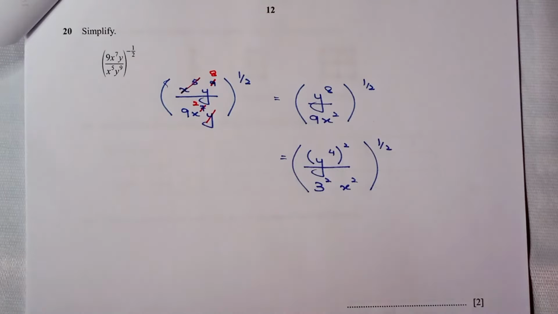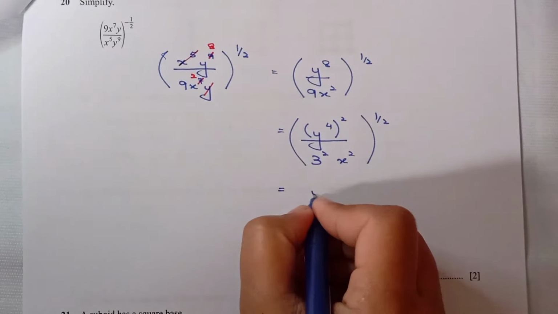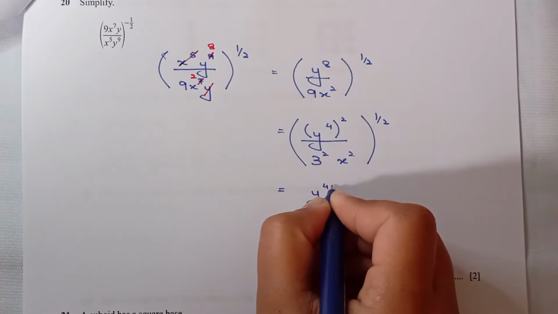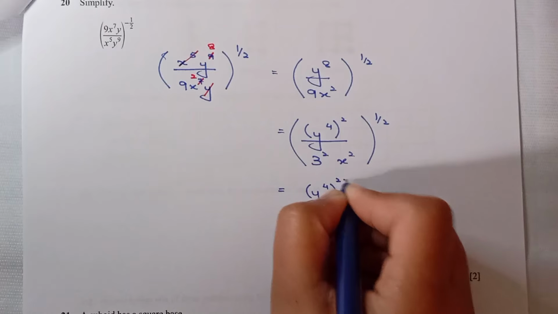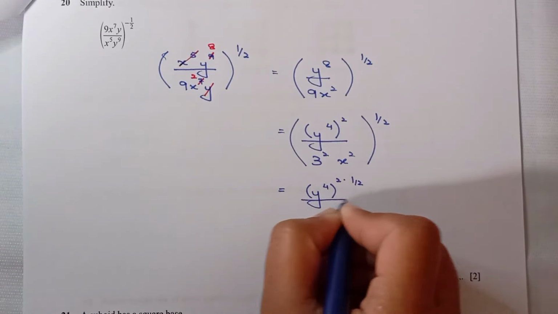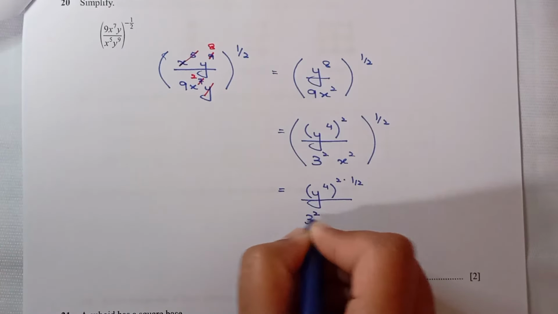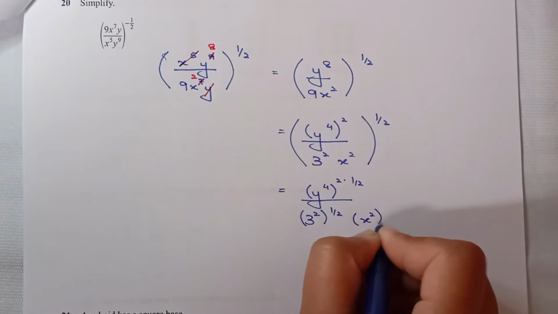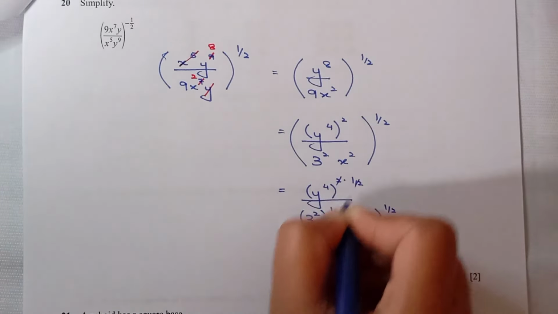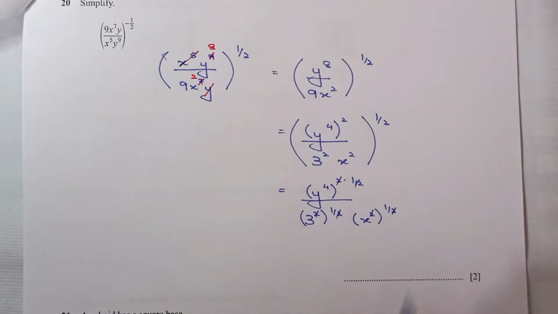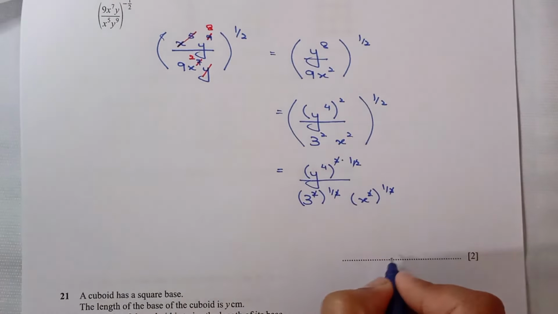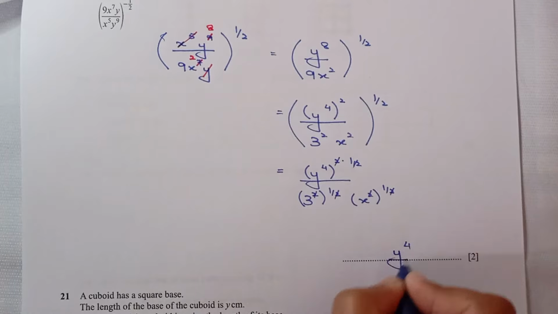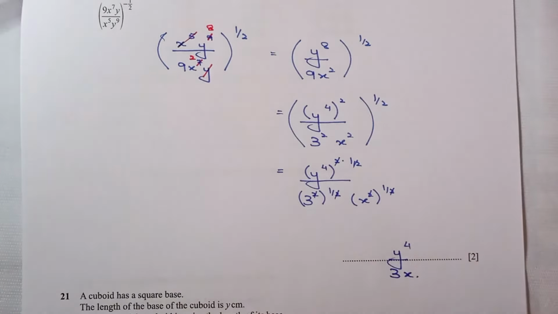Right, so let me split the exponent. So (y^4)^2 times 1 by 2 over (3^2) to the 1 by 2 and (x^2) to the 1 by 2. So 2 is cancelled with 2, and we are left with y^4 over 3x. So this is the simplified answer.